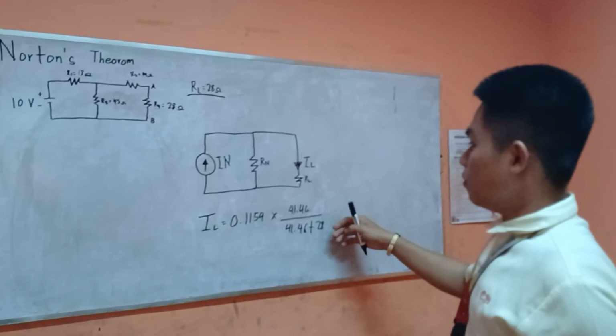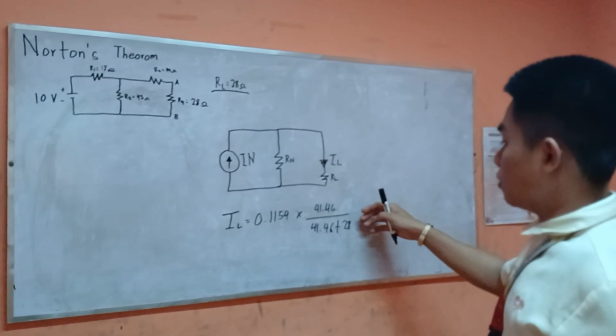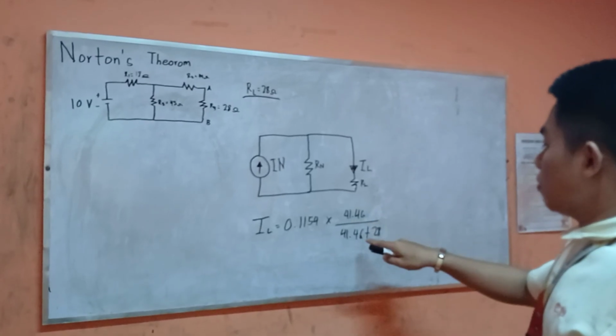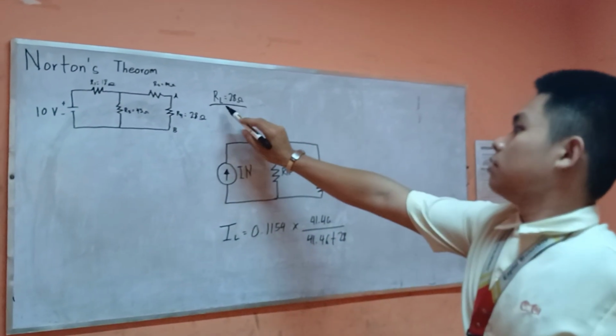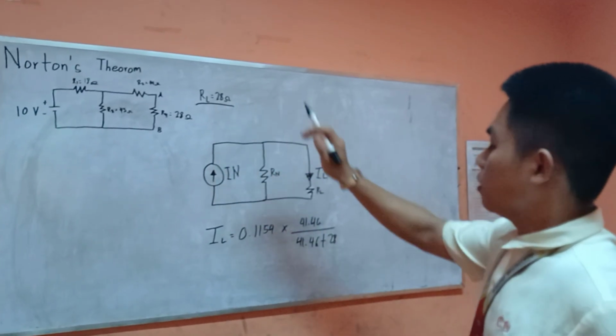As you can see, it always replicates the formula, 41.46 over 41.46 plus the RL, where the load resistance is equal to 28 ohms.